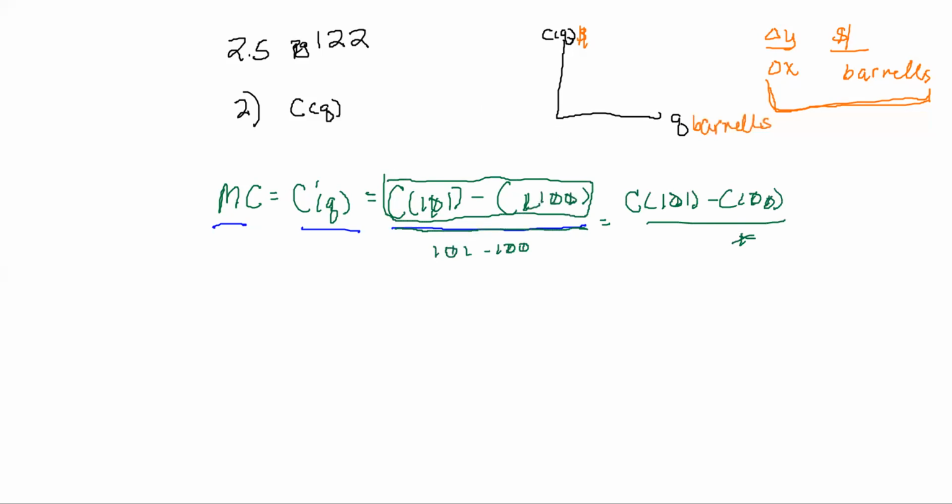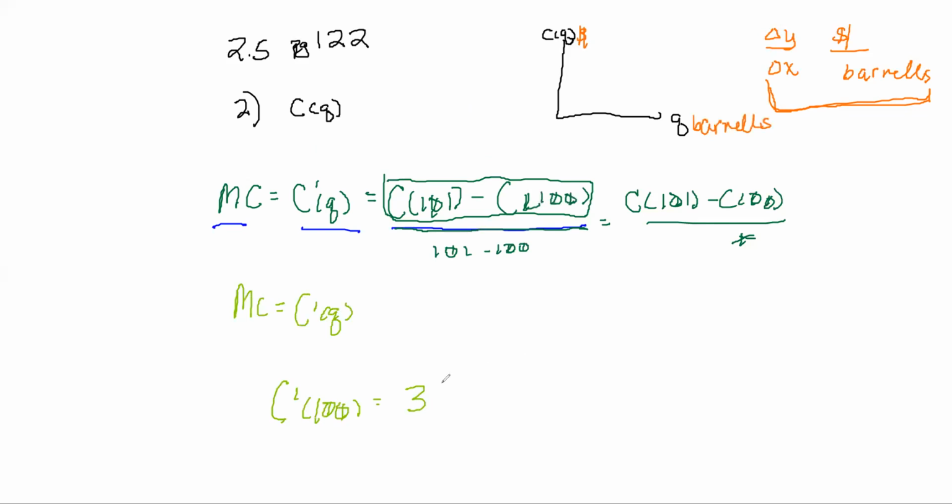Cool. So we have established that marginal cost is equal to the derivative of the cost with respect to Q. And we're saying that C prime of 100 is equal to 3.